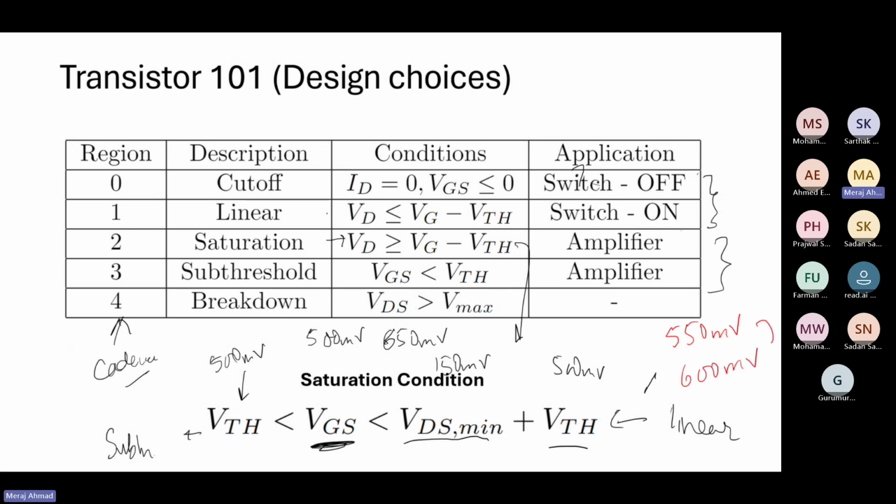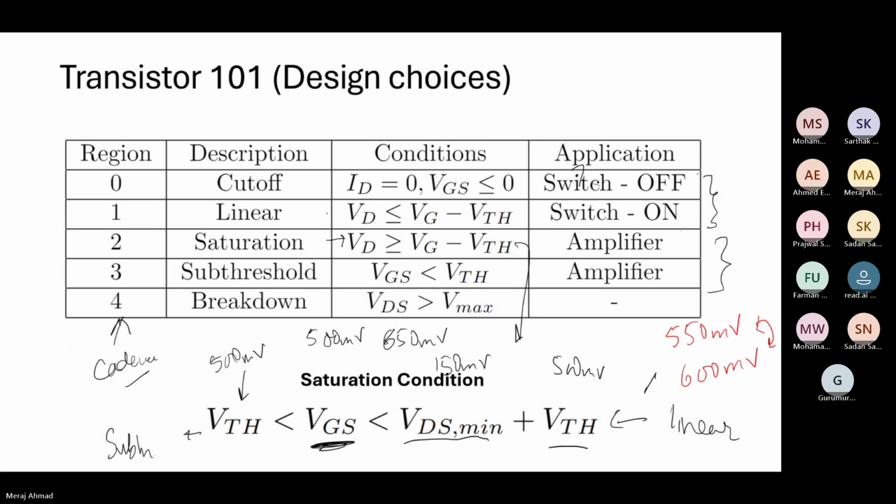Which one should we select if you want to design a current source? I know it's very application specific, but as a designer, what do you think? Which one would be better? If you want, you can guess also, it's fine. Then I can ask why you think 550 is better or 600 is better.